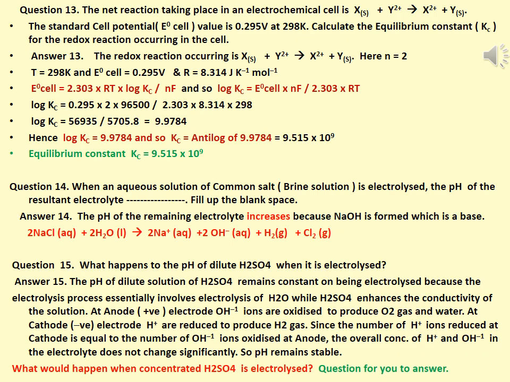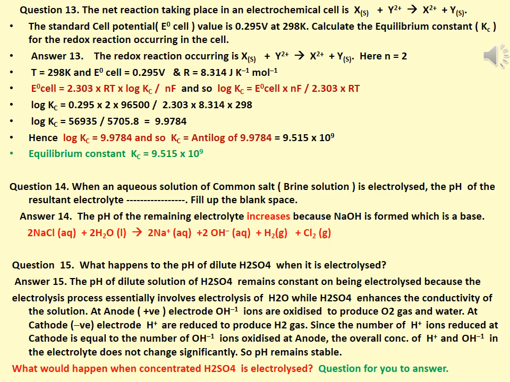So at the anode, which is the positive electrode in an electrolytic cell, OH minus ions get oxidized to produce oxygen gas and water. At cathode, which is negative in an electrolytic cell, what happens? H plus ions are reduced to produce H2 gas.